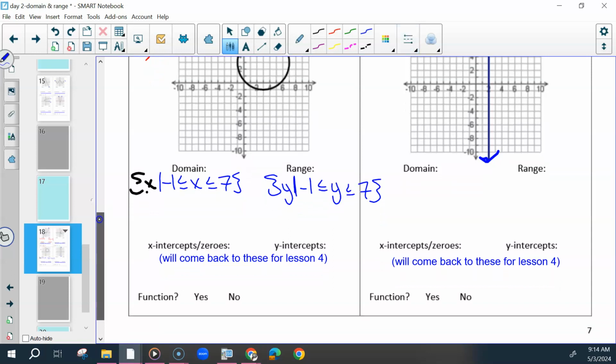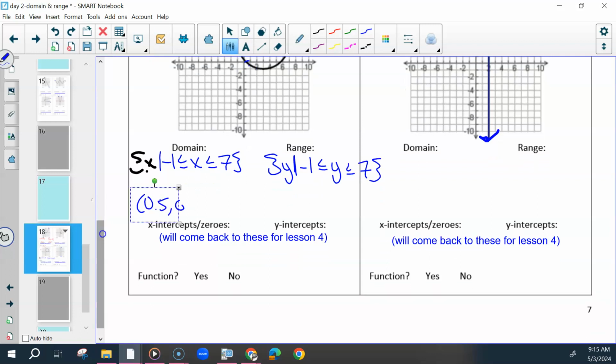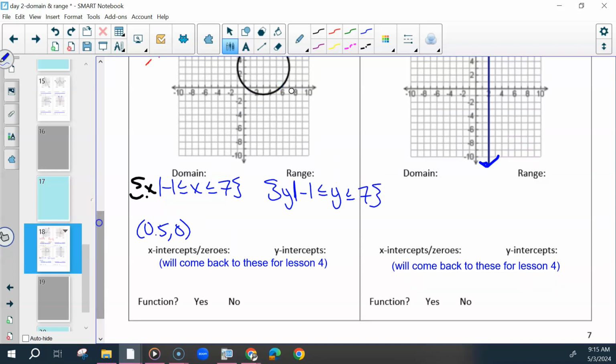X-intercepts. Let's just make it easier. If I'm just going to say it's at 6 and 0. If it's not actually, okay.